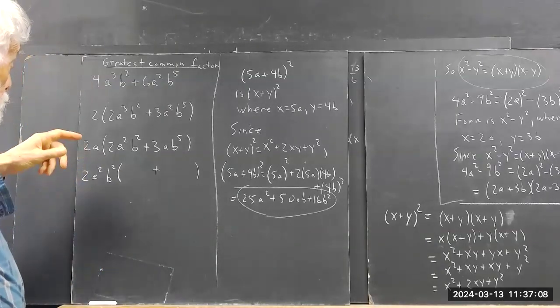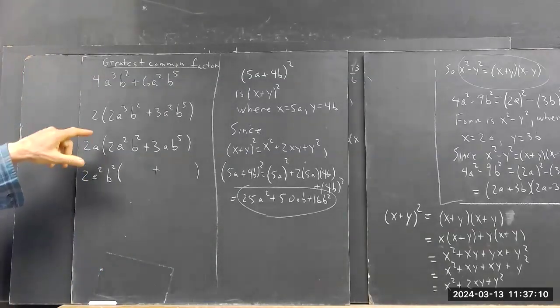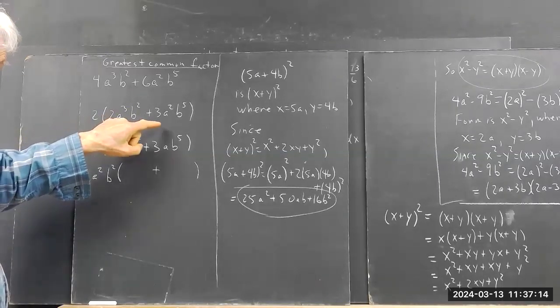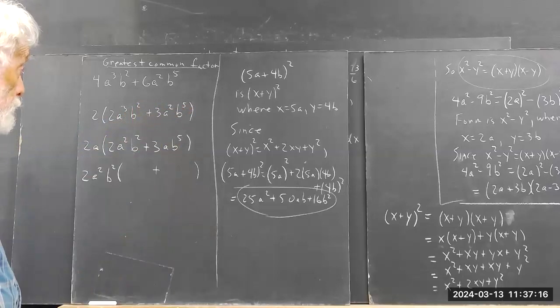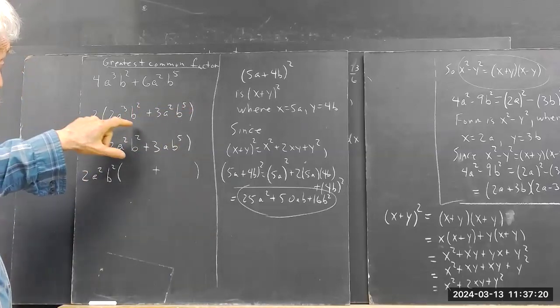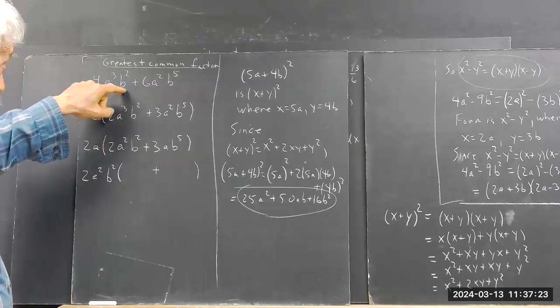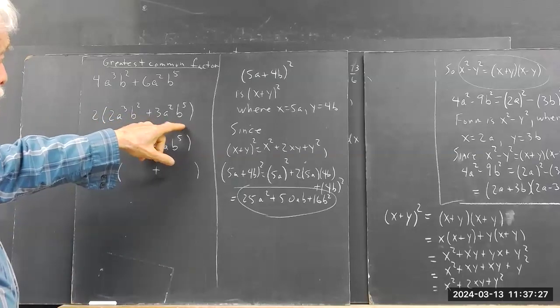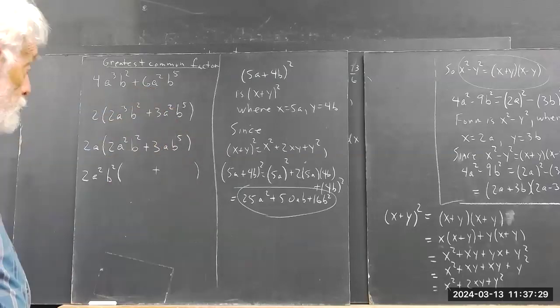Using the distributive law, we can write this as 2 times the quantity 2a cubed b squared plus 3a squared b to the fifth. Why does that work? Because 2 times 2a cubed b squared is 4a cubed b squared, and 2 times 3a squared b to the fifth is 6a squared b to the fifth.